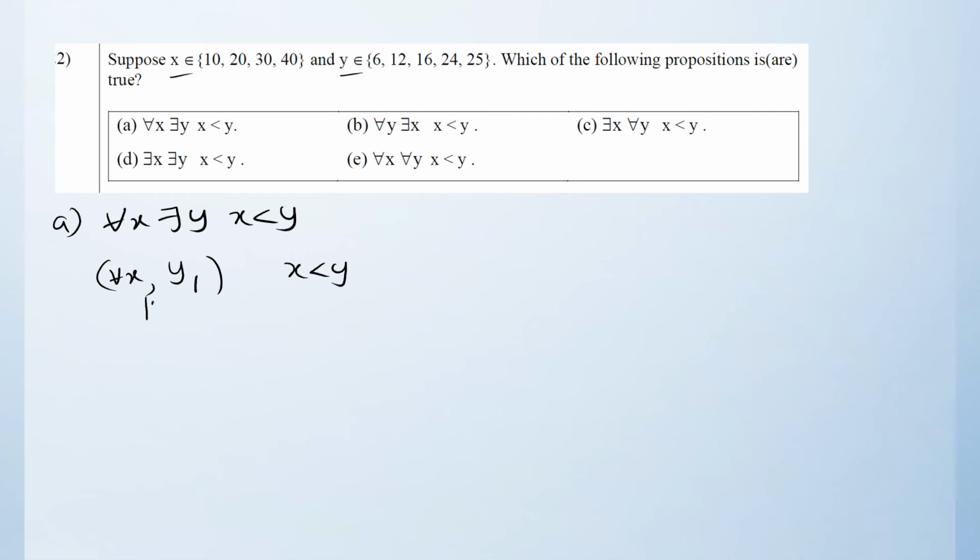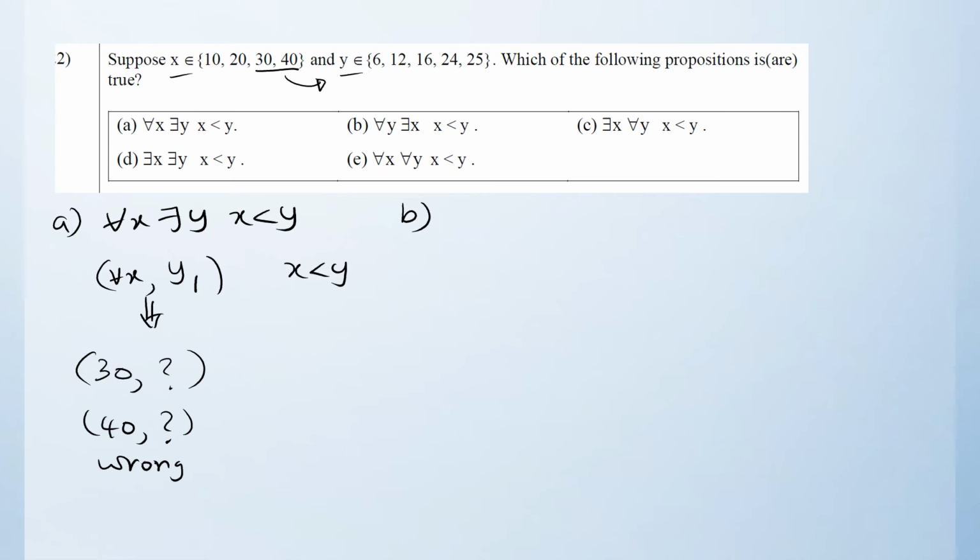We should be able to identify all the ordered pairs like this. But here we do not have a y value greater than 30 and 40. So we will not be able to identify a y value for the ordered pair with 30 and 40. So this is wrong.